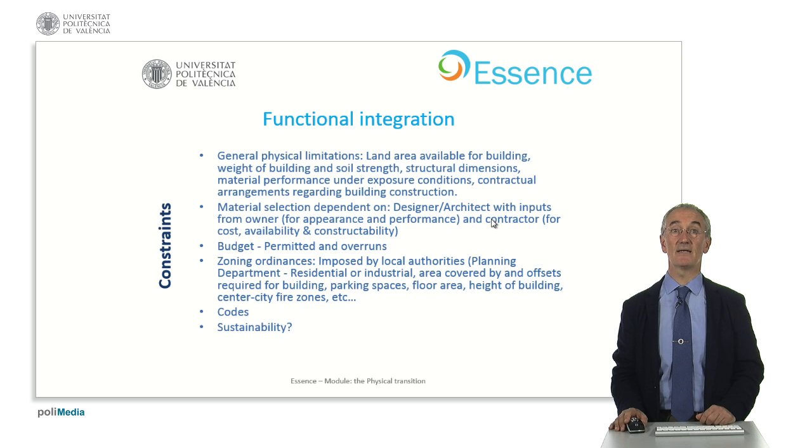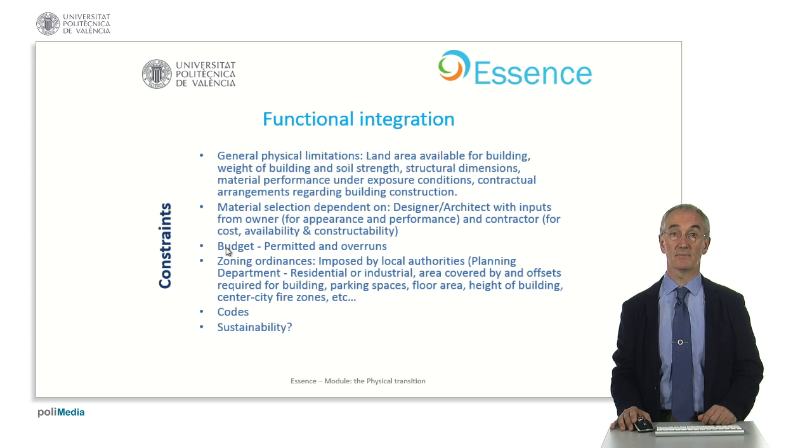Again, what are those constraints which have to be met? First, the physical limitation, land area available, building soil strength, material performance, or even contractual or laws. Different committees are providing constraints for our building. The material selection is done not only by the designer and architect, but also from the availability of materials of providers in our zone.